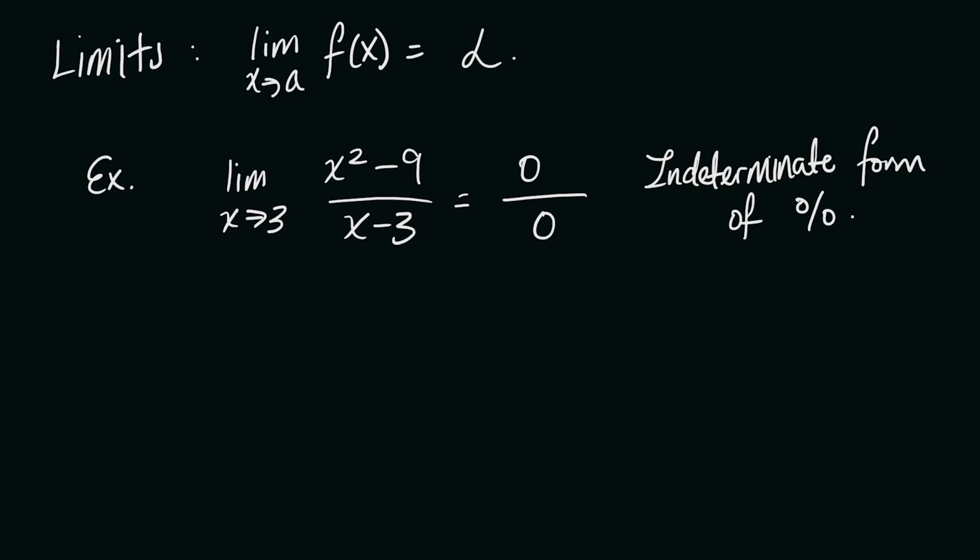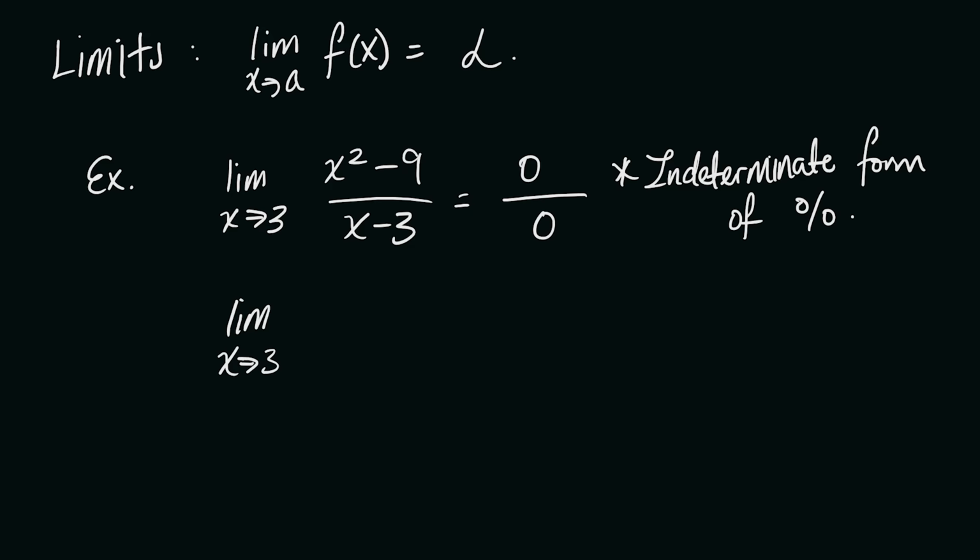Hopefully you recall this whole statement here. So now we have to figure out what we can do to this function so that we can actually make it come out as the limit that we want. What we would usually do is factoring.